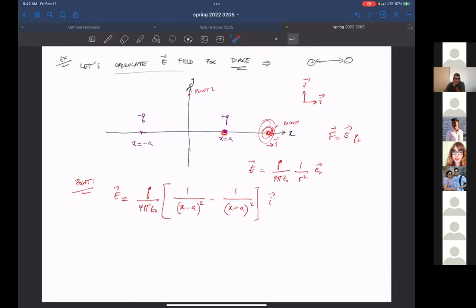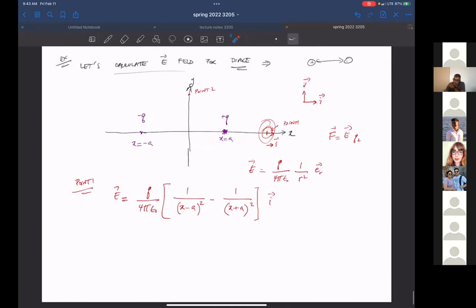Is it 2a? If x is the distance from the point to the center, then it's just a. No, isn't x the distance between, we're talking about this distance? No, you're right, you're right. I thought x was the distance between the point, like positive q, and the endpoint. You're good, you're good. Yeah, okay, good.